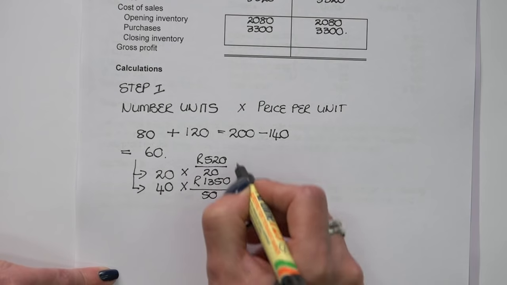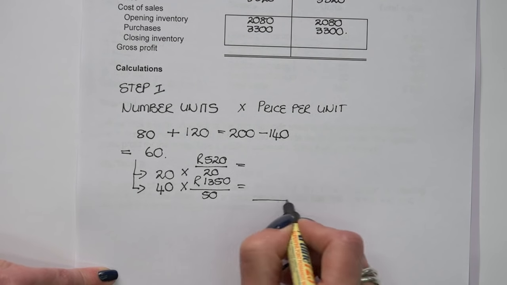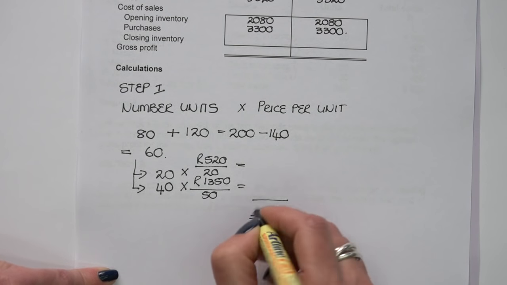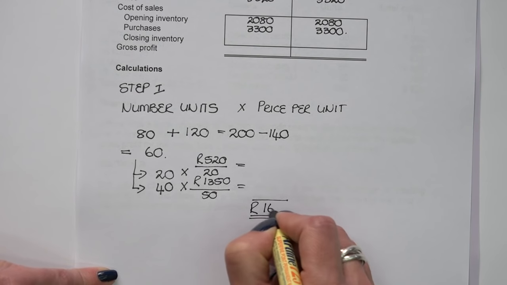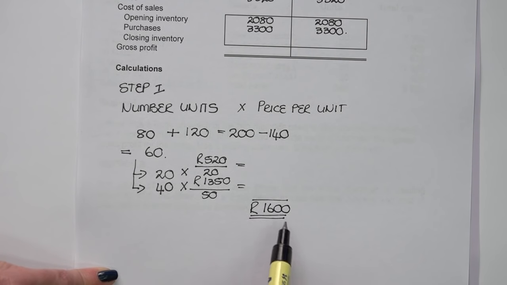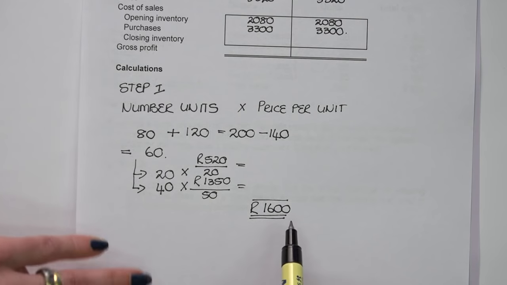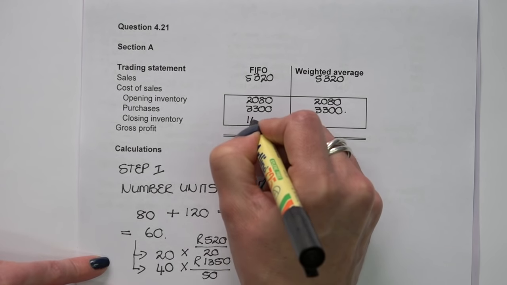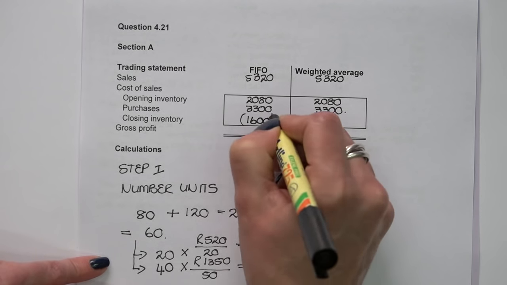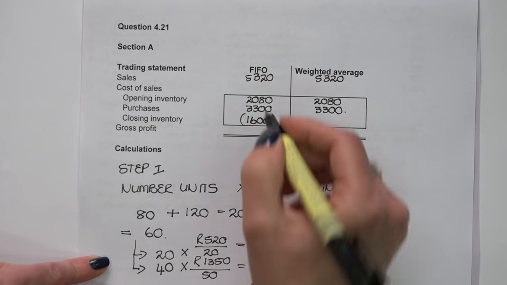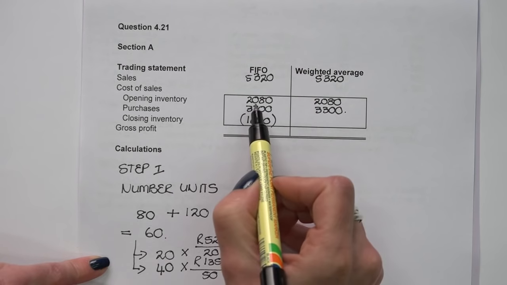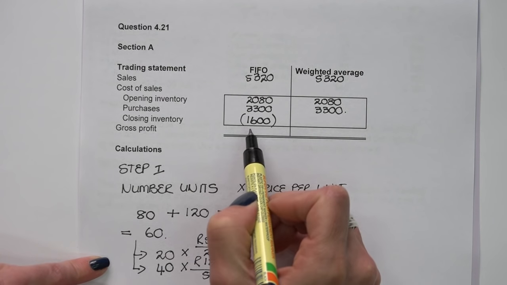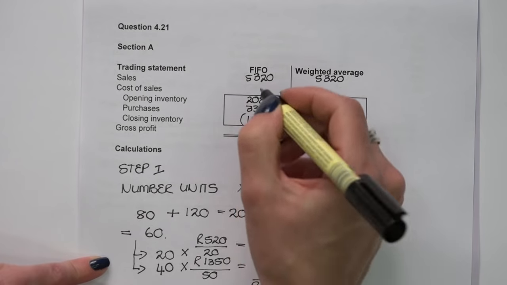If we do this calculation, we get to a value for our closing inventory if we applied the first in, first out method of 1,600 Rand. I can now complete my trading statement for first in, first out by including the 1,600. My cost of sales is my opening inventory plus my purchases minus the closing inventory.